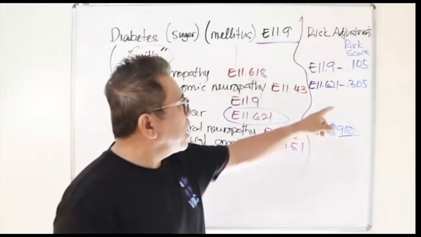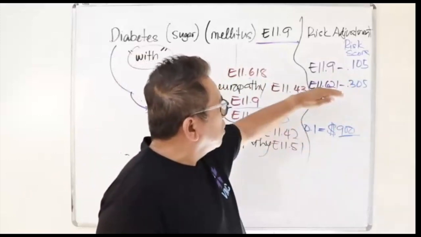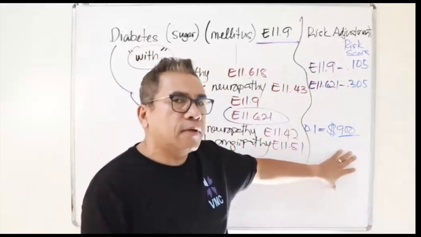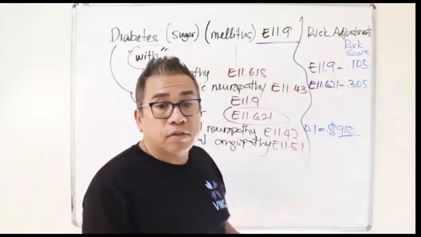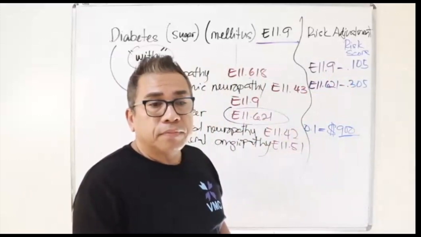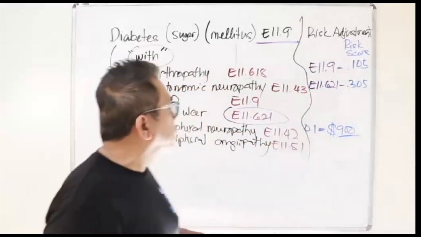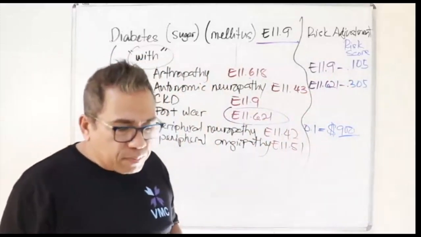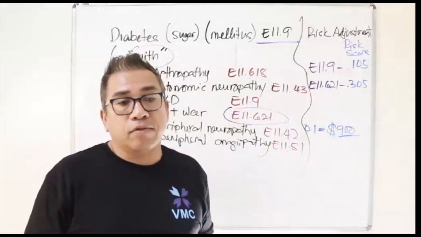Imagine if you assign the code E11.9 versus E11.621, how much reimbursement or payment to the provider you are missing, you're losing. You guys don't understand what I'm saying here? This is really important. That's why this word "with" is a very powerful link word, because it does impact your reimbursement.